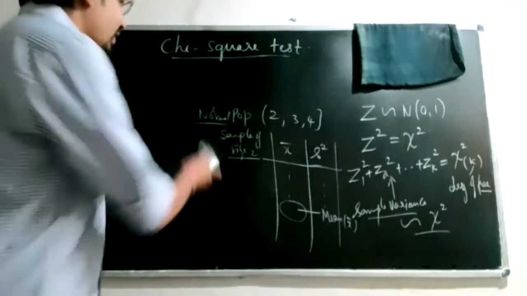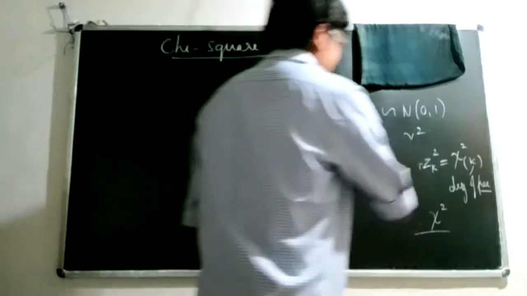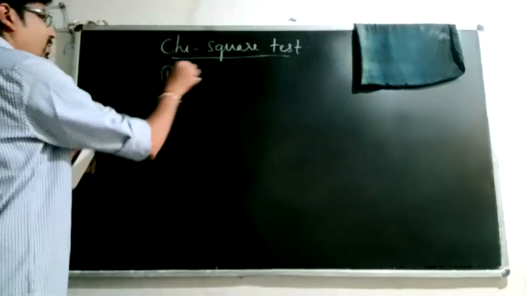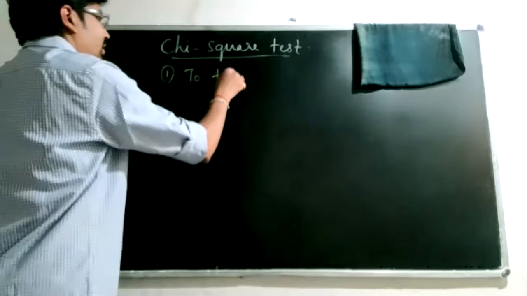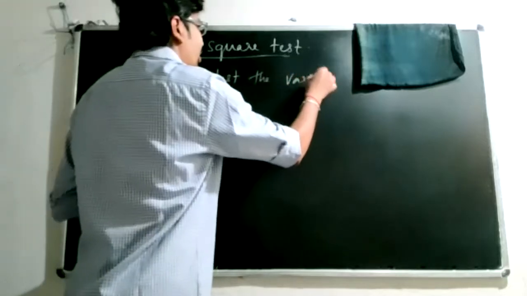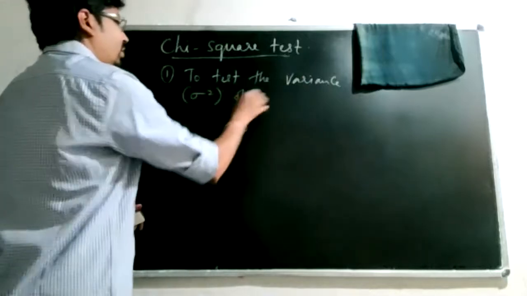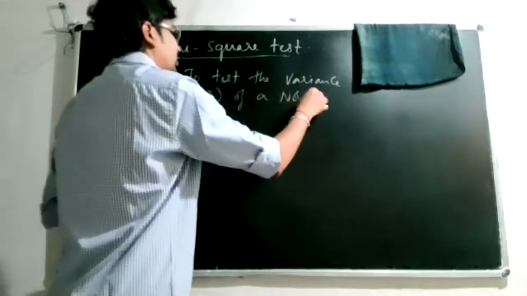Now this comes under the case called a parametric test, where you are assuming that the population is normal. So we want to test the variance of a normal population.